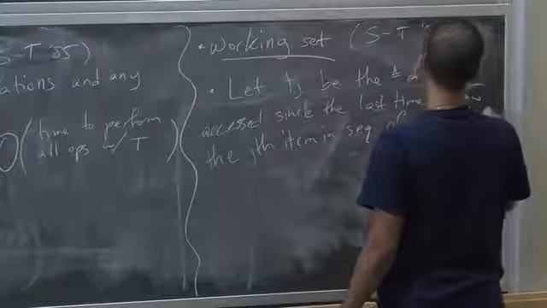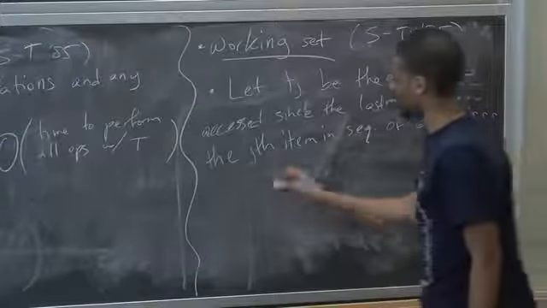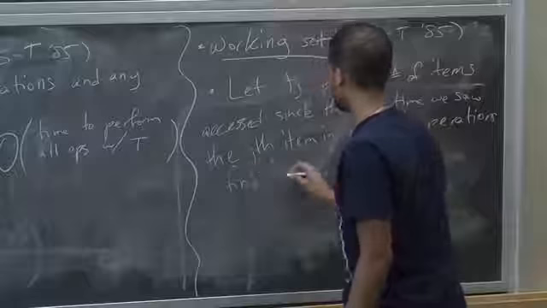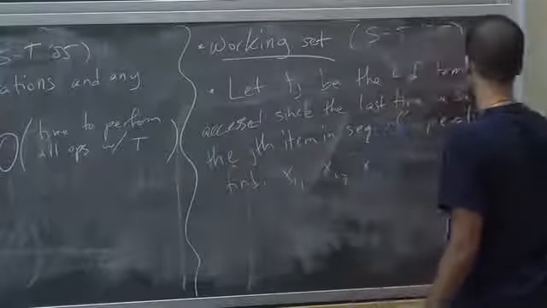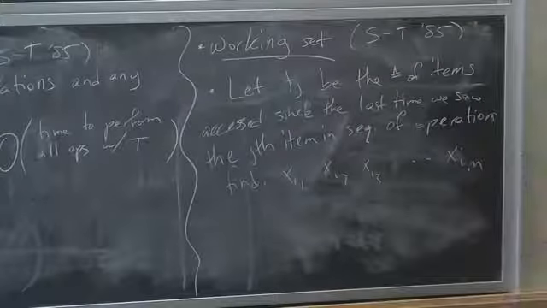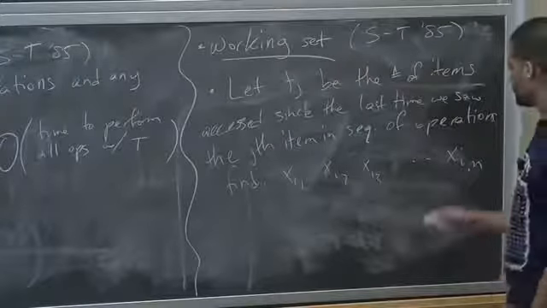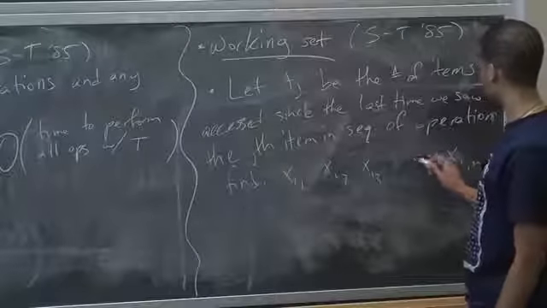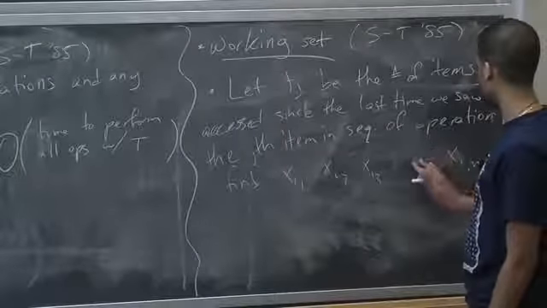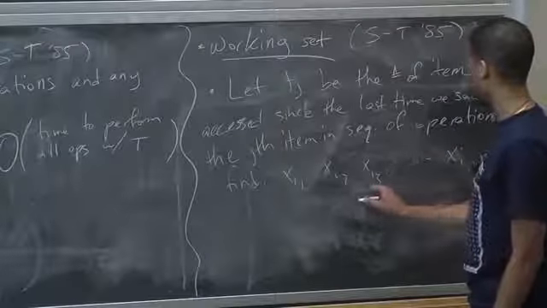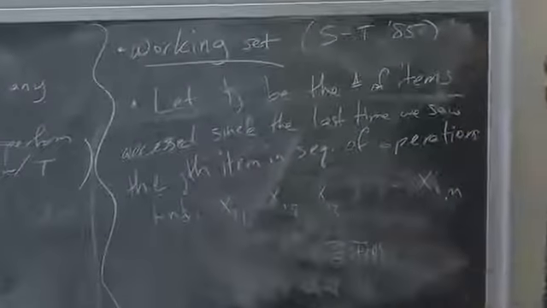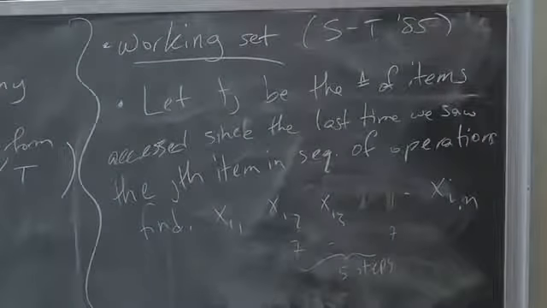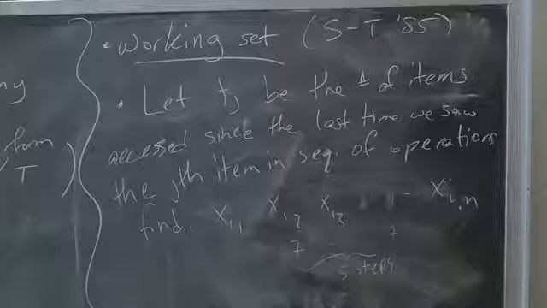So again, let's say we have a bunch of finds. Okay, so we have find on some xi1, xi2, xi3, up to xim. So we have m operations, a bunch of finds. And let's say here the item that we searched for is 7. And 5 steps ago, we searched for 7 in the past. Then what I'm saying is tj will be 5. How many items were there in between the last access to this item?